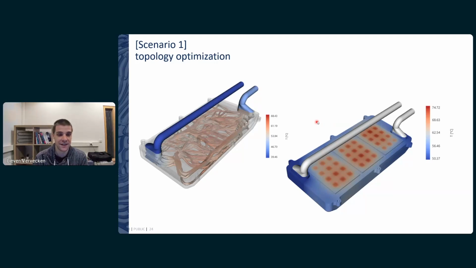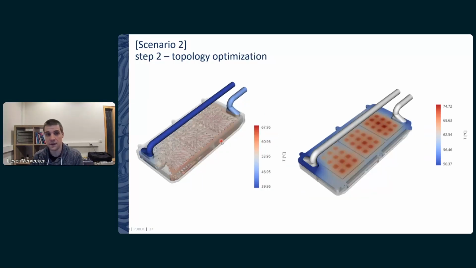And it might be that with the first concept, I'll call it scenario 1, you can get something like this, an intricate spaghetti of different cooling channels. But it might be if you use a different initialization, a different concept to start with, that you get an entirely different design, something that looks like this.